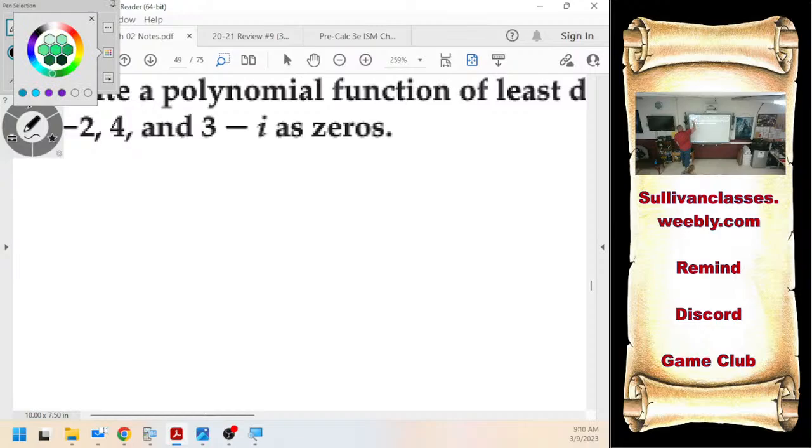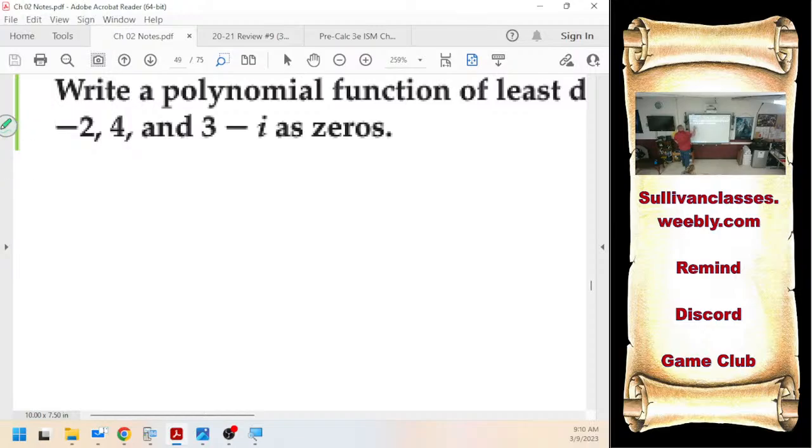It's a little bit overkill. But technically it's x minus negative 2. Technically it's x minus negative 4. Technically it's x minus 3 minus i. Whatever the zero is, x minus that is the linear factor that made it.